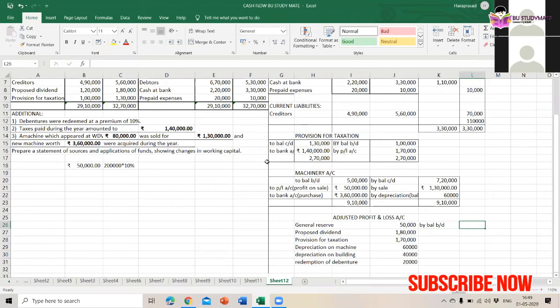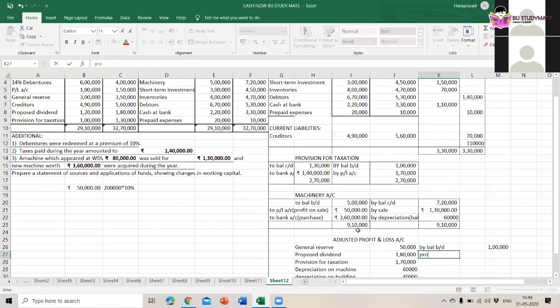Then we made a profit while selling the machine. So write down profit on sale. How much? 50,000 rupees. Okay.